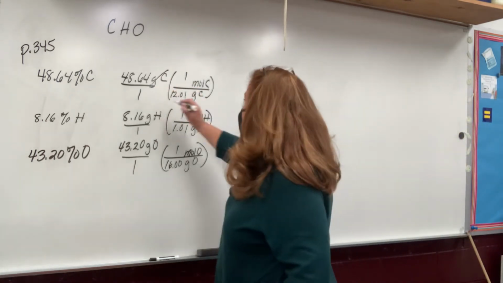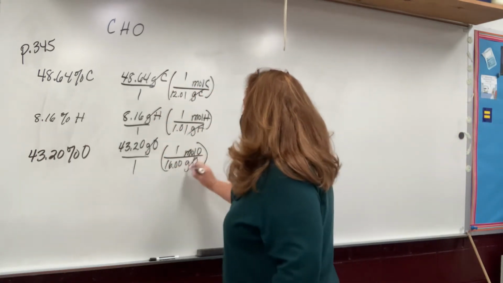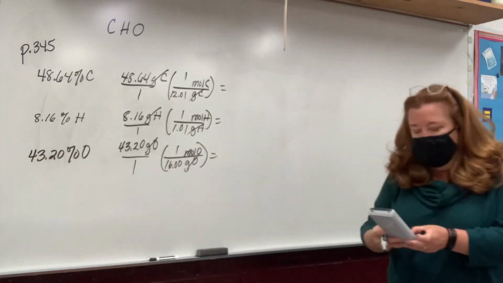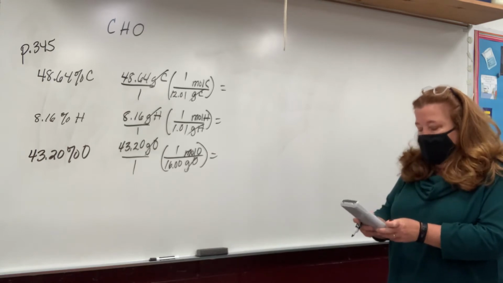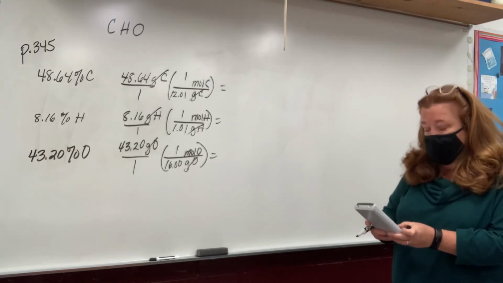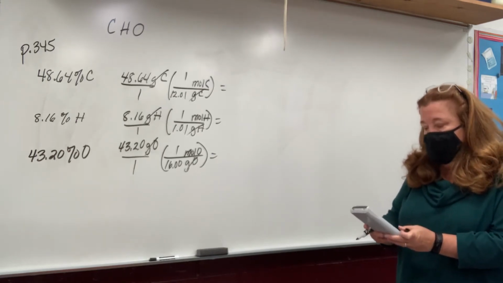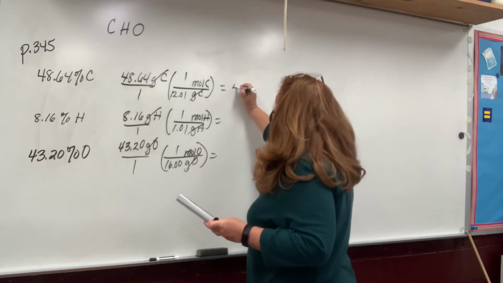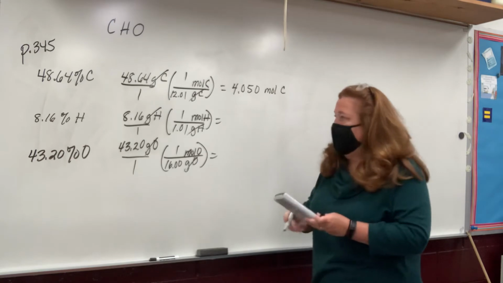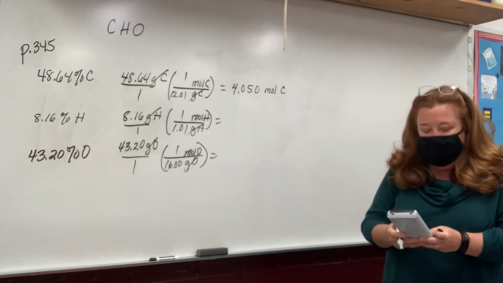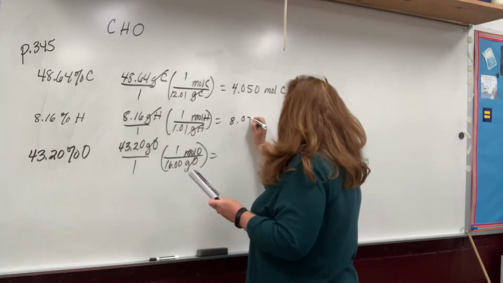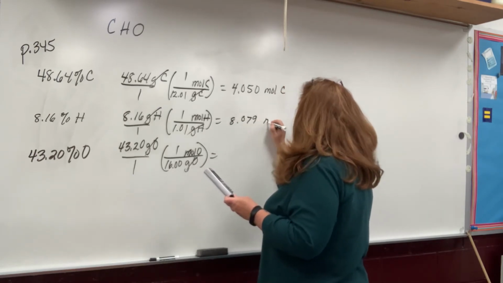I do math. 48.64 divided by 12.01. Keep your 4 significant digits. It's very important in these. 4.050, and that's moles of carbon. 8.16 divided by 1.01. 8.079 moles of hydrogen.